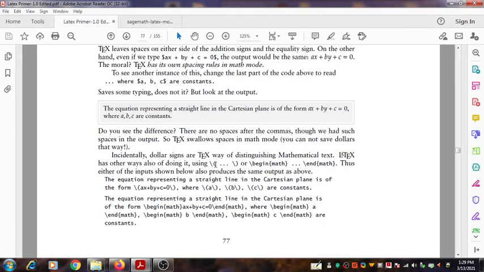So backslash left parenthesis and backslash right parenthesis can open and close an ordinary mathematical environment. In a similar fashion, you can use the backslash begin math command, and it must be closed with the backslash end math command. That's a third way of generating this.